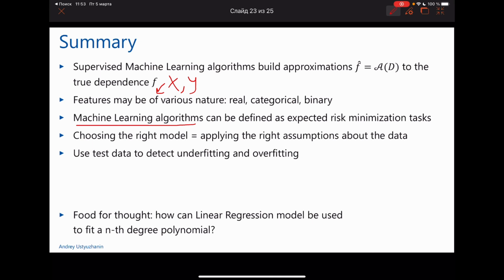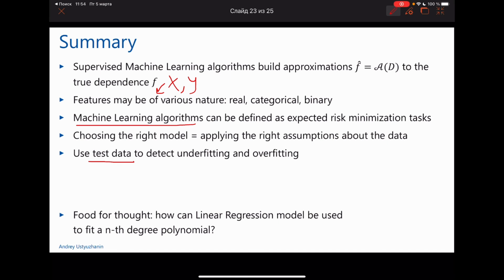And to verify that your loss is really low on the data that you haven't seen, so to verify that your model generalizes nicely, you use an independent test data sample for checking. So this is mostly it.